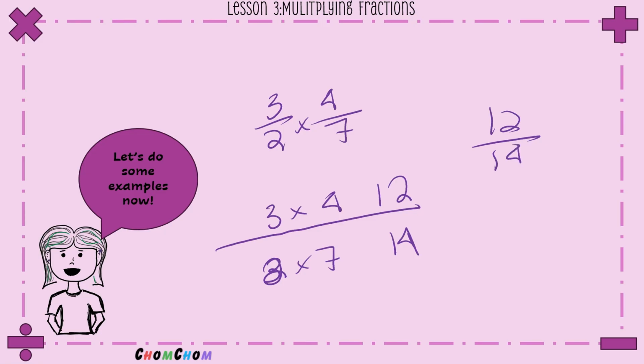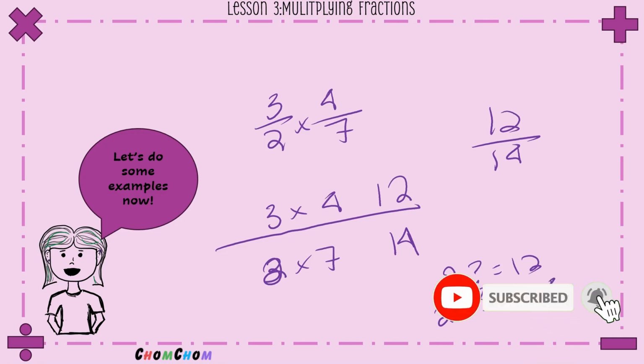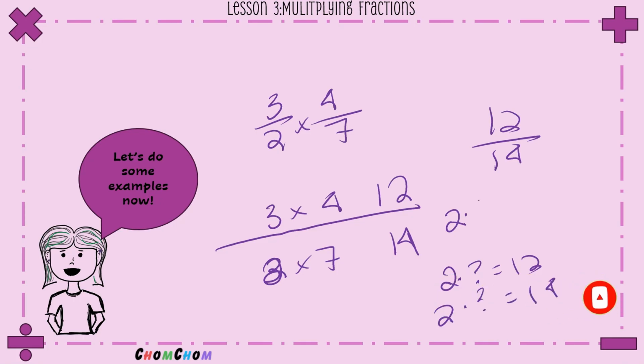So we can take something out of that, right? We have 2 times something equals 12, and then 2 times something equals 14. So we end up with 2 times 6 equals 12, and then 2 times 7 equals 14. So I'm going to end up with 6/7.